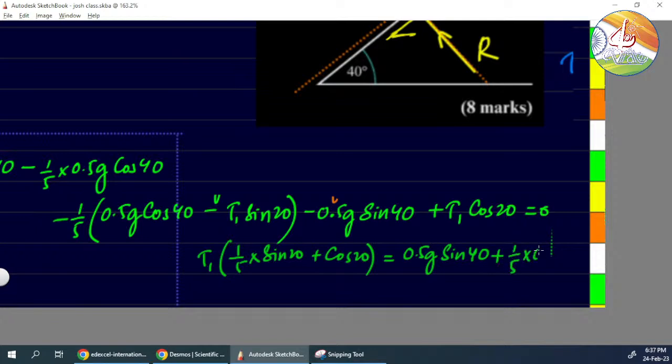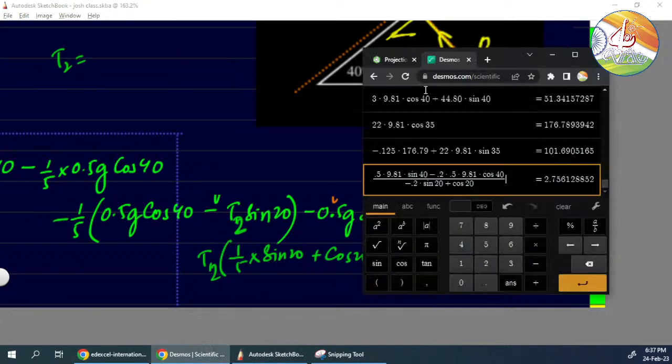So 0.5 g into cos 40. This will be T2, the maximum tension, right? So T2 will be this right side term divided by this term. Let's find it.